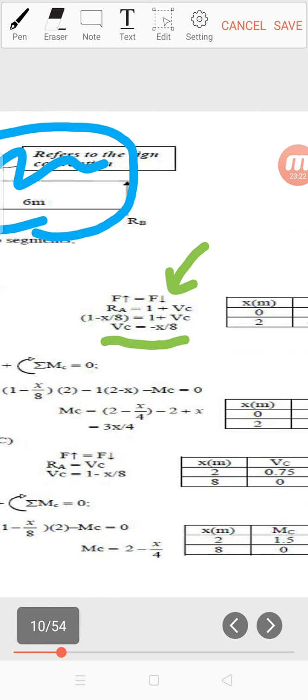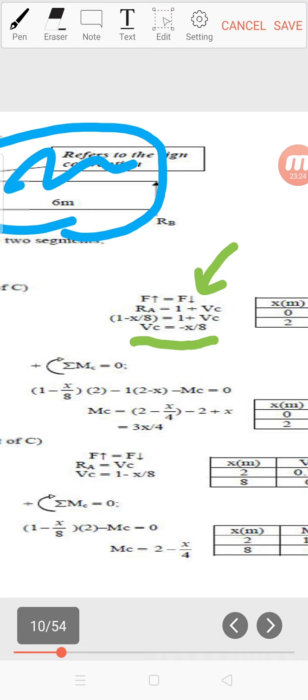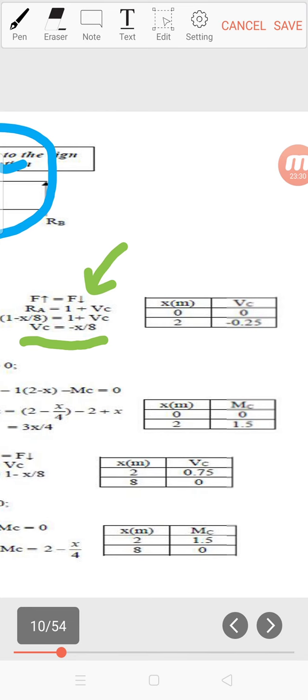So now you have MC equal to 3x over 4. Again, we fill in the table, where we get MC equal to 0 when x equals 0, and MC equal to 1.5 when x is equal to 2.